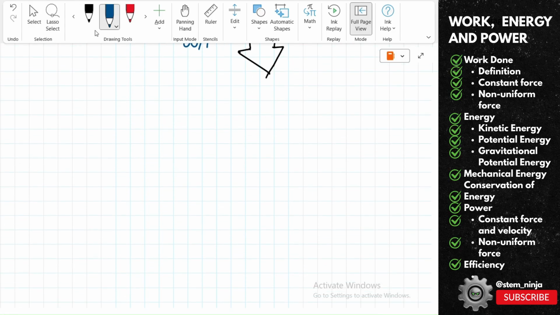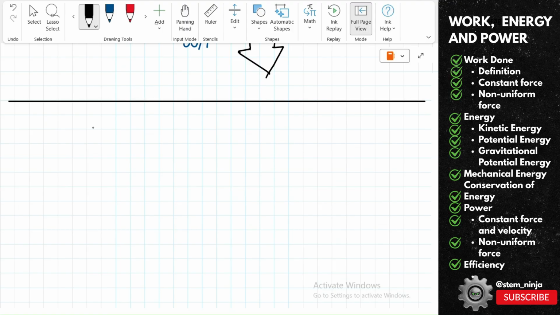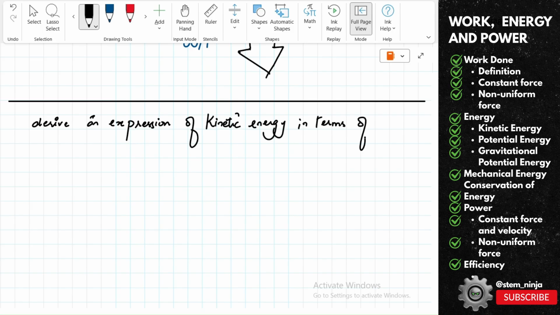Now, before we go to questions, there's one little derivation that could be asked: derive an expression of kinetic energy in terms of momentum.